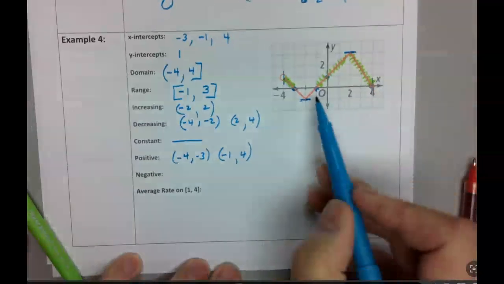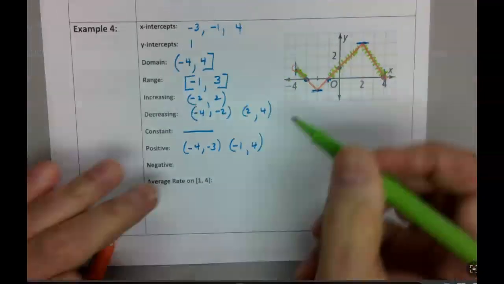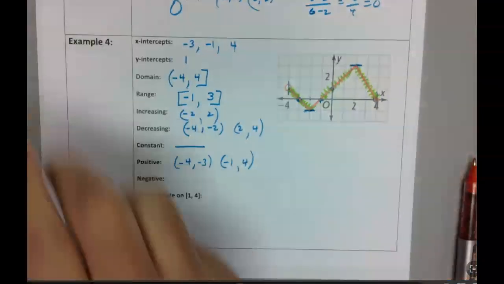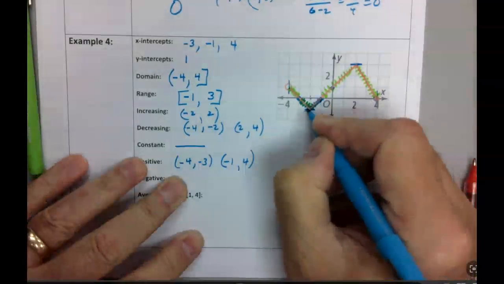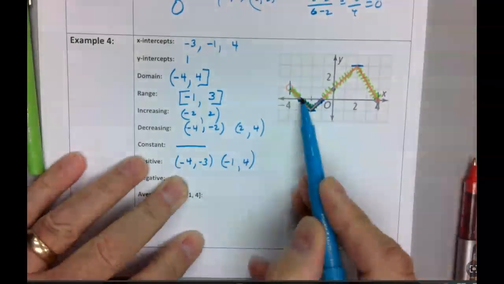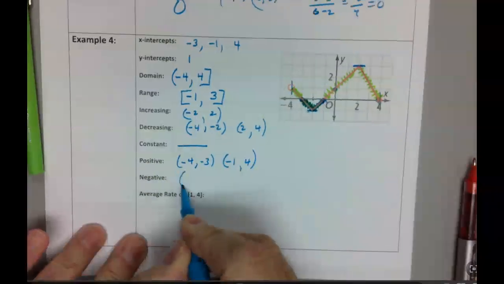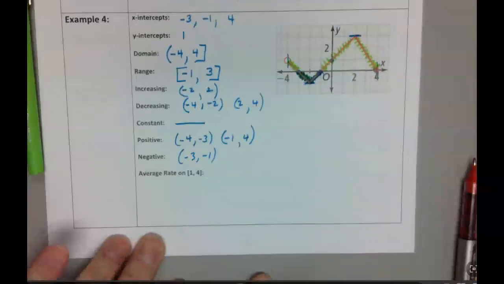And then it's negative on this interval here, from here. Again, whoops, I don't want to use that one. I'm going to use a different one. Let's use this blue one here. It's negative in here. So that interval's from negative 3 to negative 1. Okay? And then average rate of change.